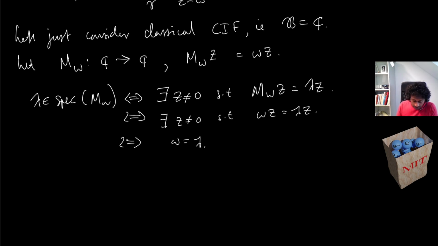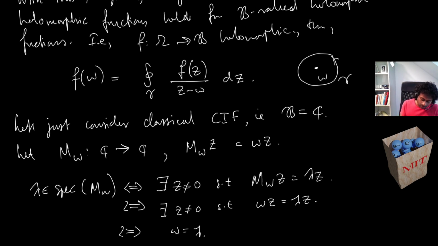Okay, so I want to turn this Cauchy integral formula around. What we typically see this Cauchy integral formula as is: fix a holomorphic function, and we can recover the value of this holomorphic function at this value ω by an integral of this form. But I want to consider it in a different way.